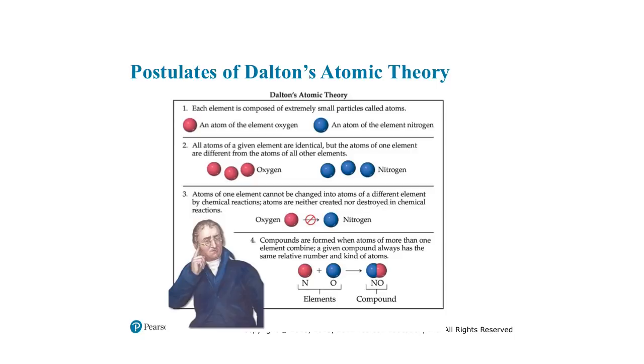Atoms of one element cannot be changed into atoms of a different element by chemical reactions. So you cannot just convert oxygen to nitrogen if you need more nitrogen. There's just no chemical way to do this.